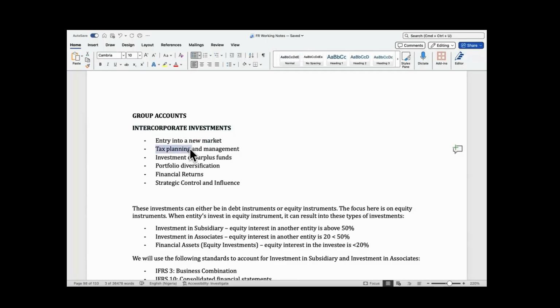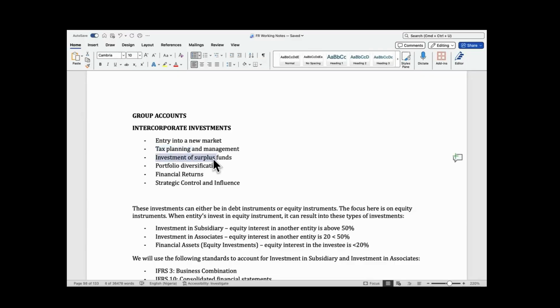Maybe there's a jurisdiction where if they have holding in that jurisdiction, they pay little or no tax, or there's a company where if they invest in that company, they can get some economic incentives from the government. So tax planning is part of those reasons.